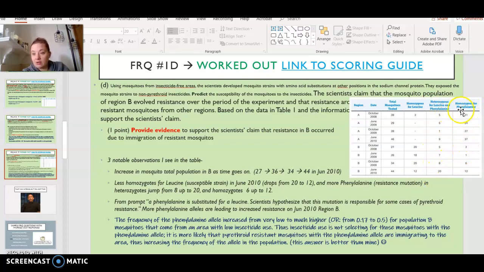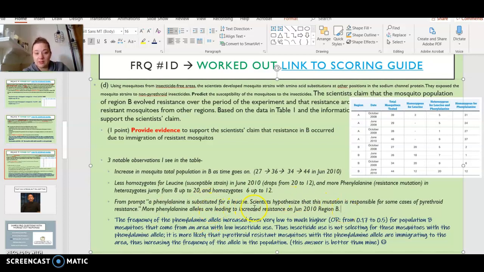And then the homozygotes for the phenylalanine, which confers resistance to the insecticide in that region, suddenly jump up, right? So we got a whole lot more alleles for the phenylalanine in June 2010. And then the prompt is reminding you that the phenylalanine one is the substitution that confers resistance.